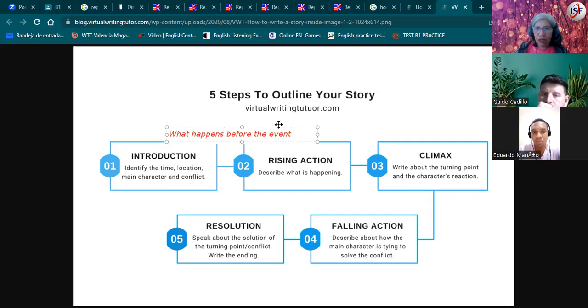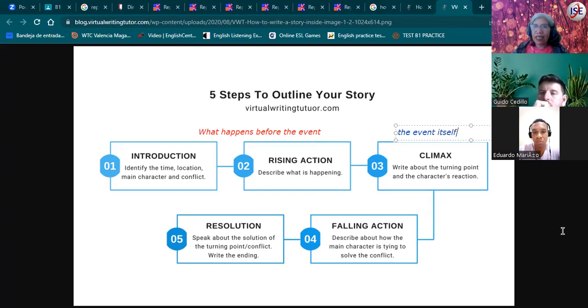Climax is the event itself. The event itself. What is the reason for the story to happen?